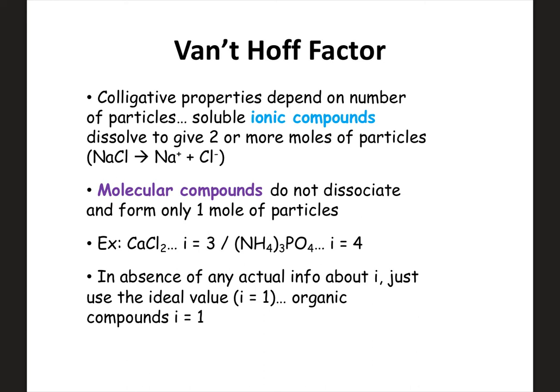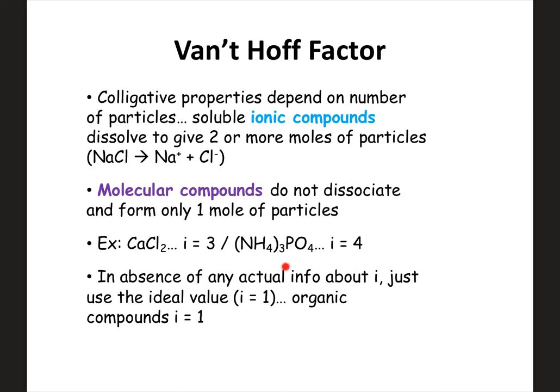All right, so just to look at a few other examples here, if you had something like CaCl2 dissolving in water, you're going to get 1 Ca2+ and 2 Cl- for every one of the compound. So that's a total of 3 particles. So the i value for that compound would be 3.